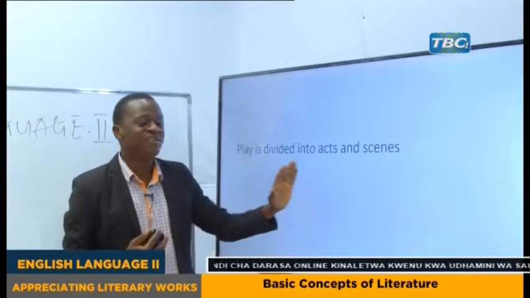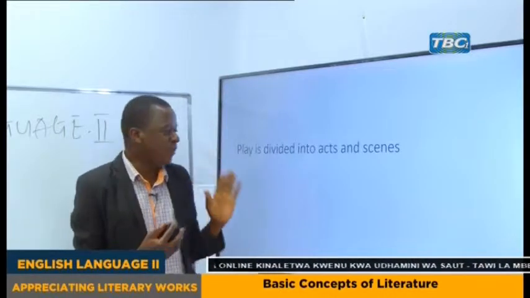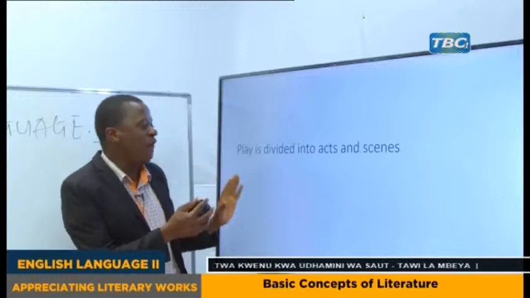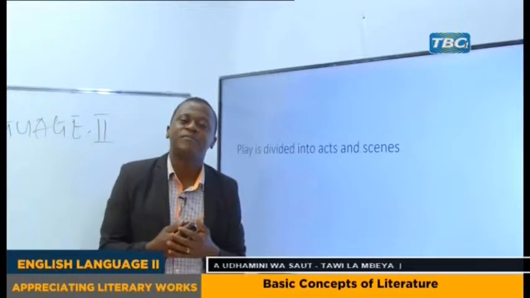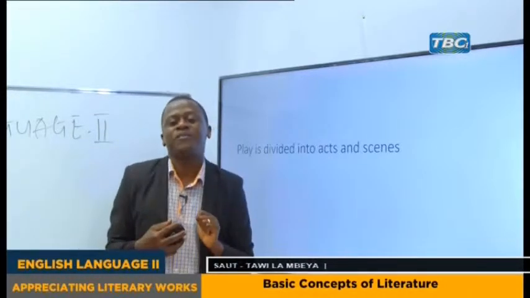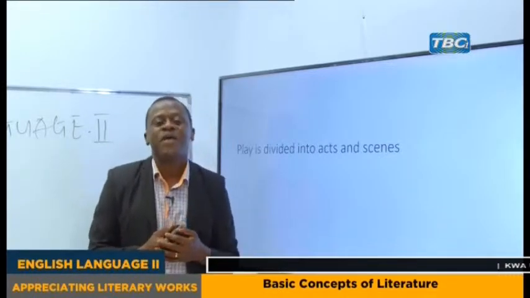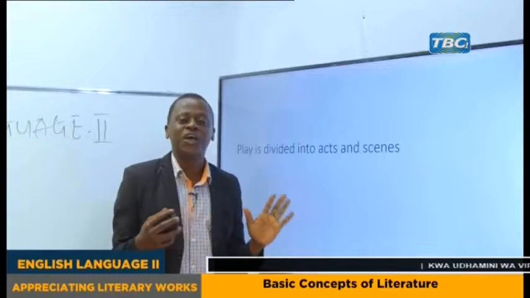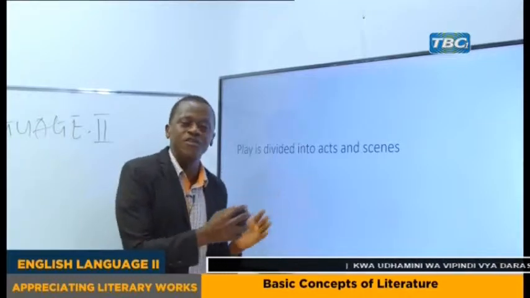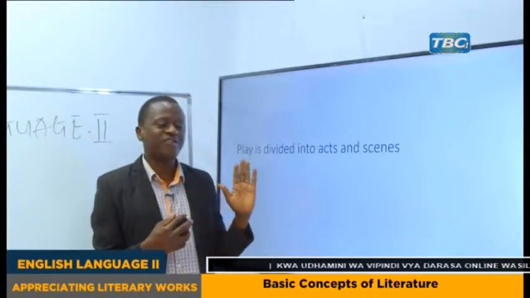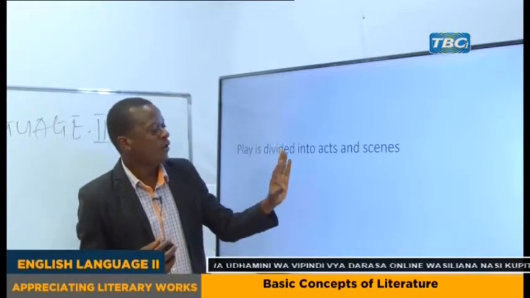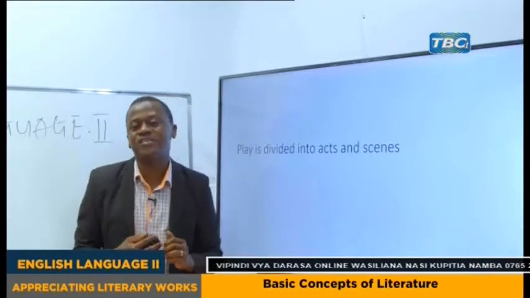A playwright may decide that in this particular play, I will have 5 different acts. And in each act, there will be 6 or 4 scenes. And each scene contains its own idea, or each scene has 2 or 3 different ideas.